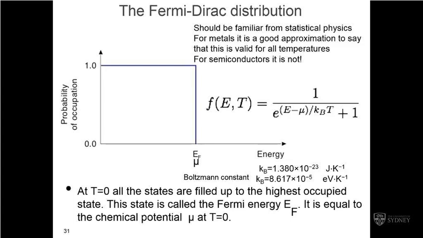Here I've put a couple of values of Boltzmann's constant for you. You may often have seen it in joules per Kelvin, but quite often it's convenient to have it in eV per Kelvin. So as I said, at T equals 0, all of the electronic levels of our box are filled up to the highest state, and this is called the Fermi energy.